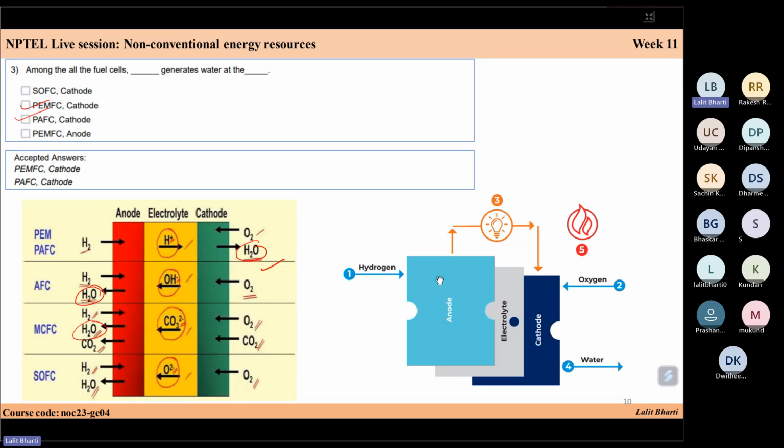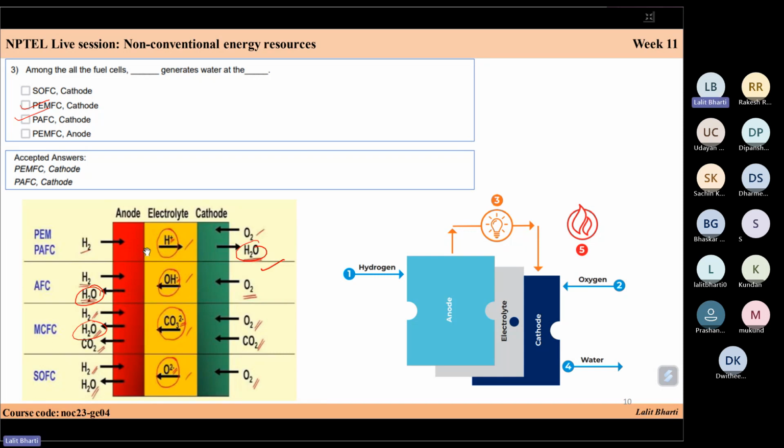So if your hydrogen is at the anode and oxygen is at the cathode, you will get H2O at the cathode in case of PEMFC and PAFC, but not in the solid oxide fuel cell. This is your PEM, or proton exchange membrane, and this is also a similar proton exchange.